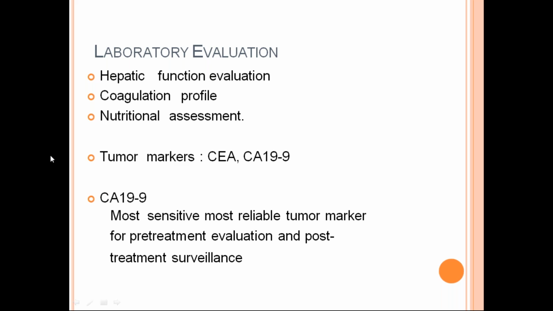CA 19-9 is more useful for prognostic purposes than diagnostic. It is the most sensitive, most reliable tumor marker for pre-treatment evaluation and post-treatment surveillance. So remember, for pancreas you do CA 19-9, even for bile duct. CEA is for anywhere mucin-secreting, like our colon, so you can do CEA also.